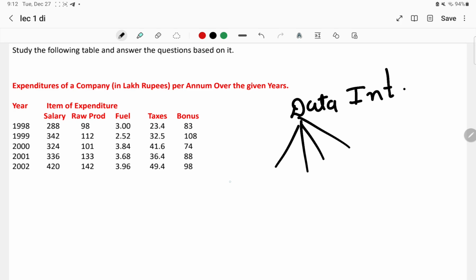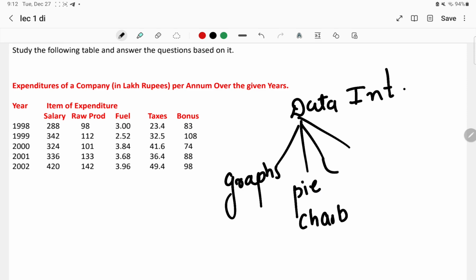Questions can be in the form of graphs, pie charts, or tables. That is tabular form, pie chart, graphical representation, which can be seen on the x-axis and y-axis. Here we have to compare different quantities.